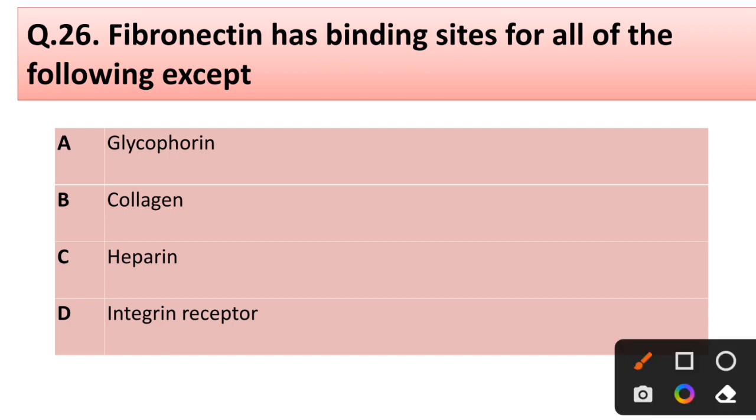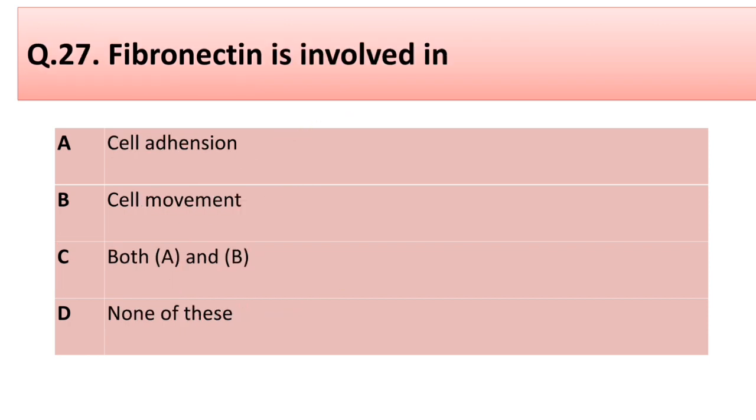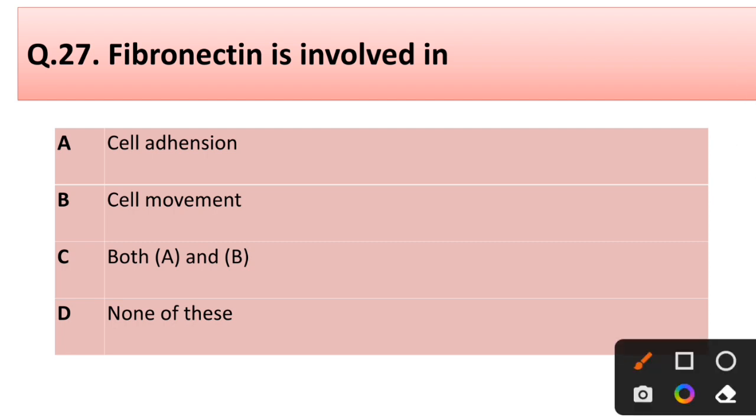Question number 26. Fibronectin has binding site for all the following except glycoprotein, collagen, heparin, integrin receptor. Correct answer is option C. Heparin is not a binding site for fibronectin; glycoprotein, collagen, and integrin receptor are. Question number 27.